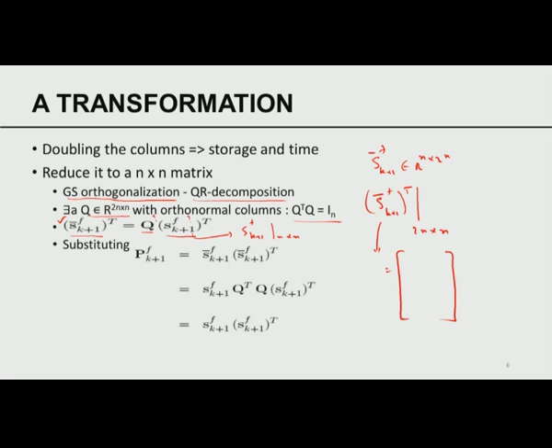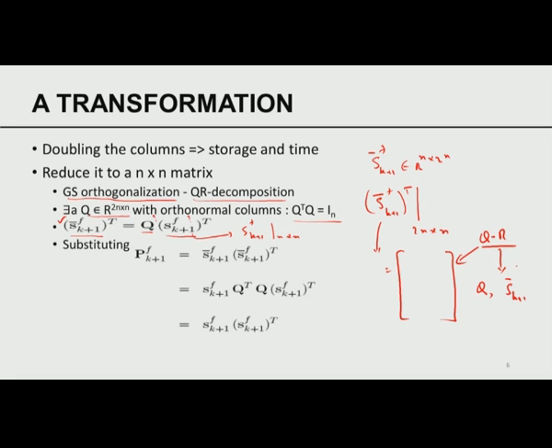That is a classical QR decomposition method, applied to this matrix xk plus 1 bar f transpose. The QR decomposition will then deliver a Q and an Sk plus 1.